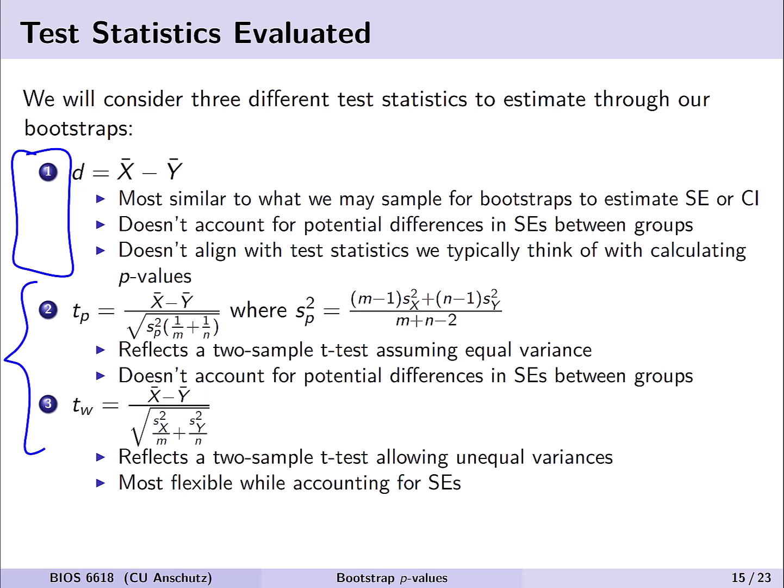This is the most flexible, accounting for still the standard error of our estimators in that statistic. So moving forward, we're actually going to see and compare results to all 3 of these to see if there's any changes or nuance depending on which one we choose and how the p-values may be affected.